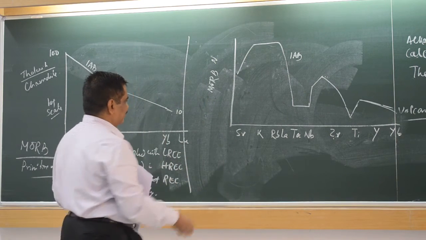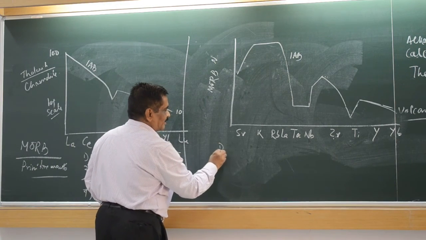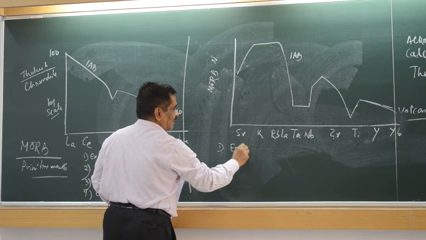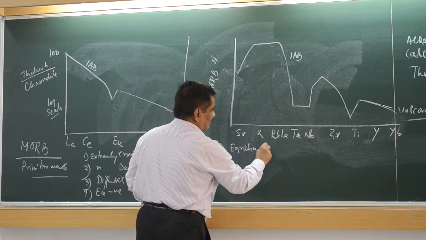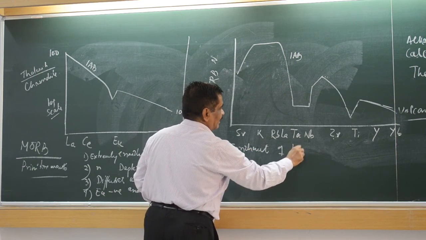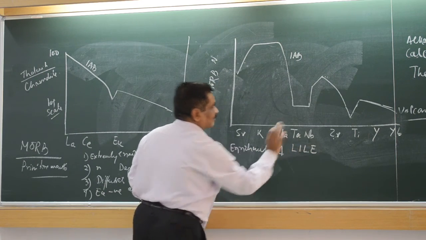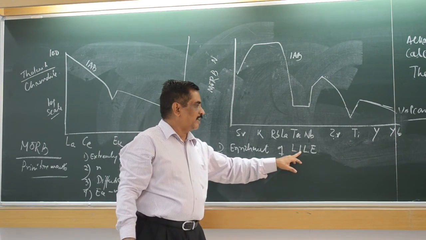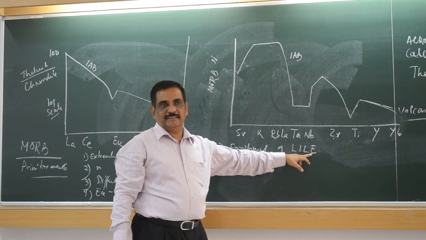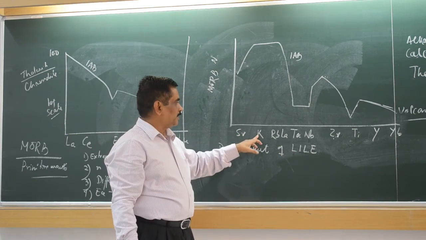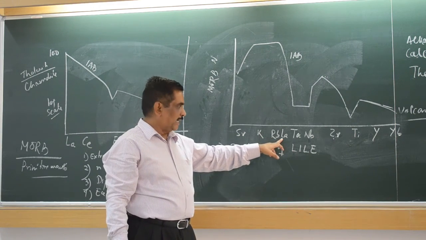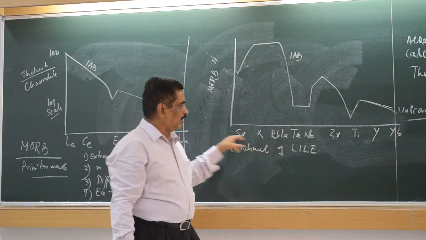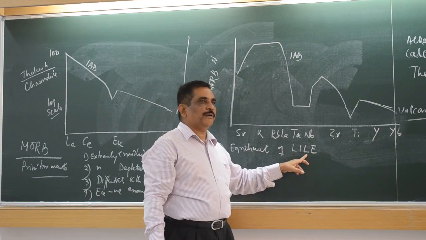This shows enrichment. Enrichment in what? LILE, large ion lithophile elements: strontium, potassium, rubidium, La.